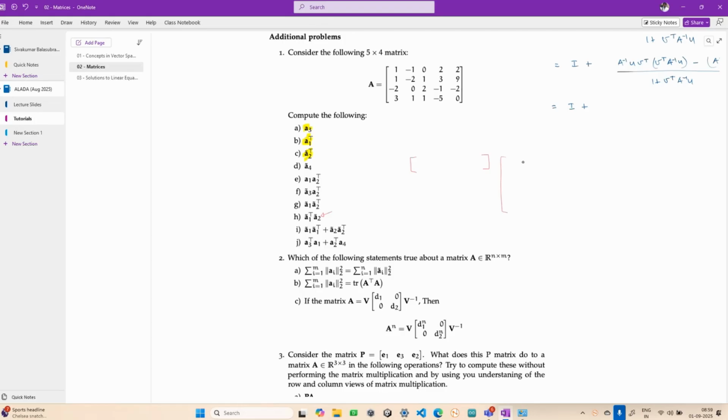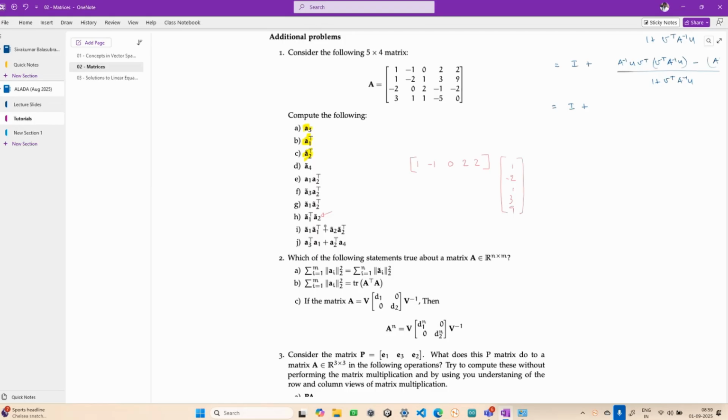Can you tell me the row and column here? A2 tilde. Minus 2. Minus 2 and yes.